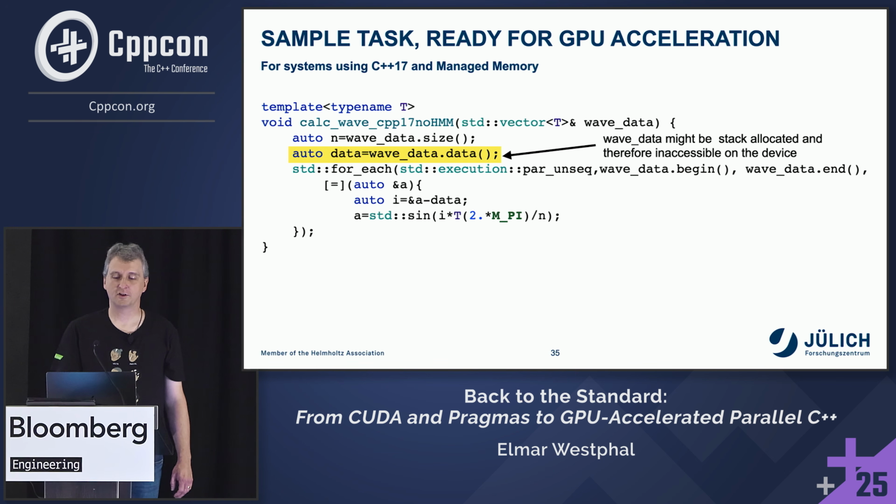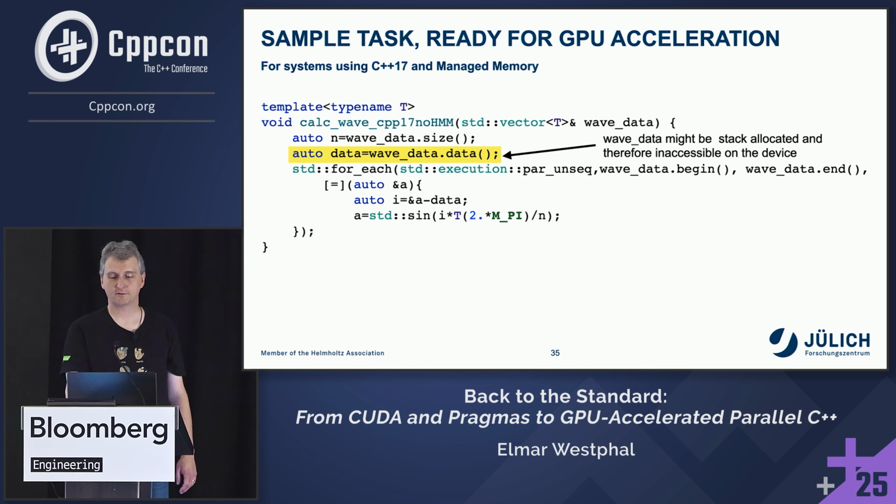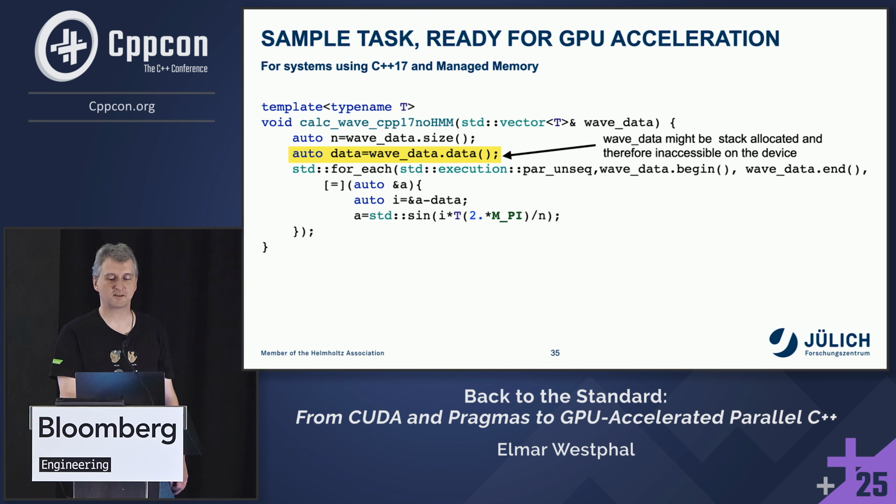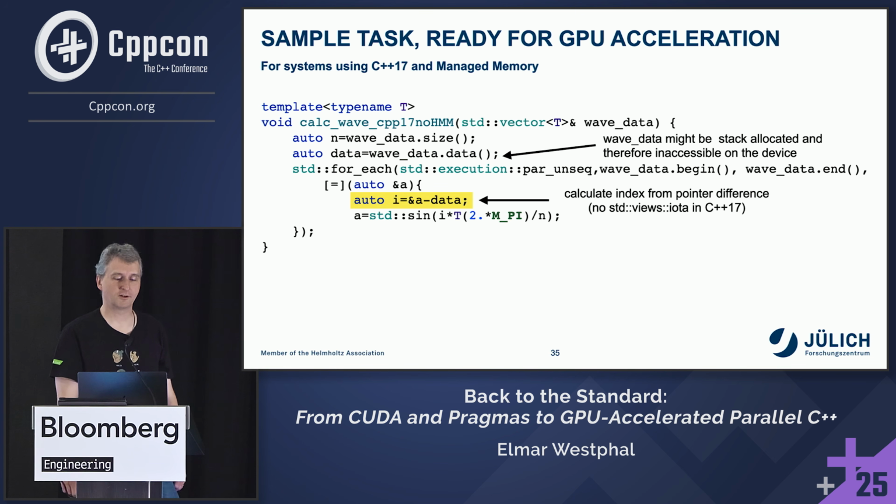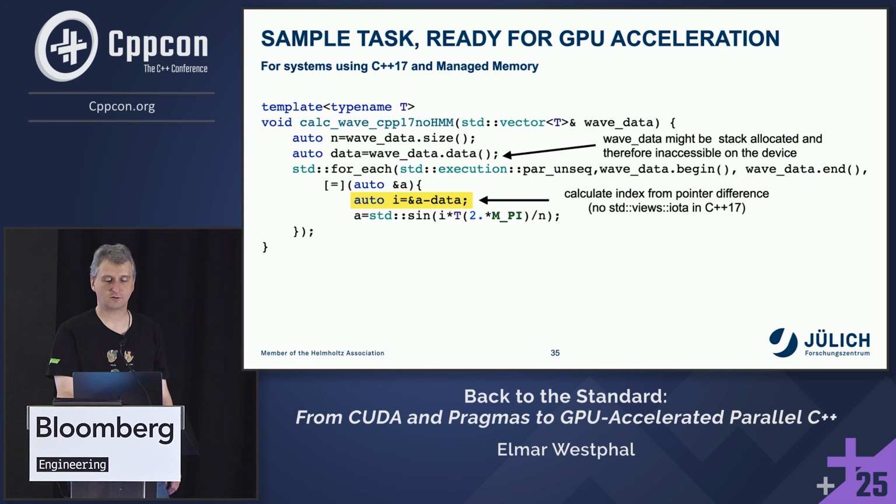We have to copy the data pointer from that and can later access it from the lambda. And we can also use it to calculate our actual thread ID here, or loop ID.